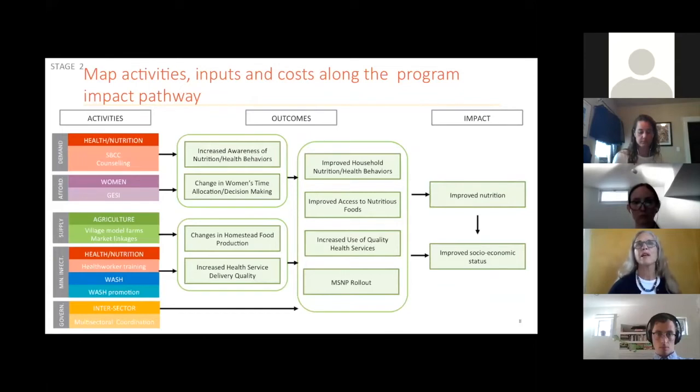So here's an example of the program impact pathway. At this point, we would map our interventions along the program impact pathway or your logic model for a given multisectoral nutrition program. In this case, you can see that we have health and nutrition, women's empowerment, agriculture, WASH, and intersectoral coordination.